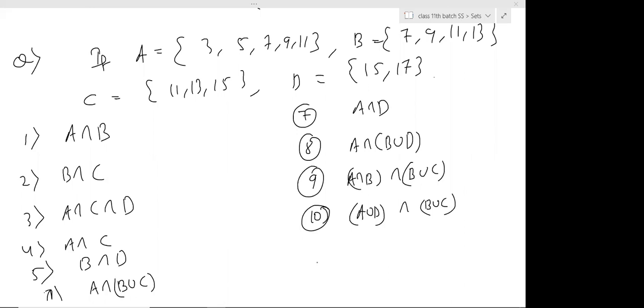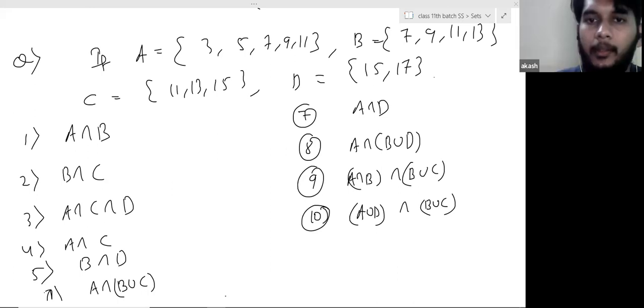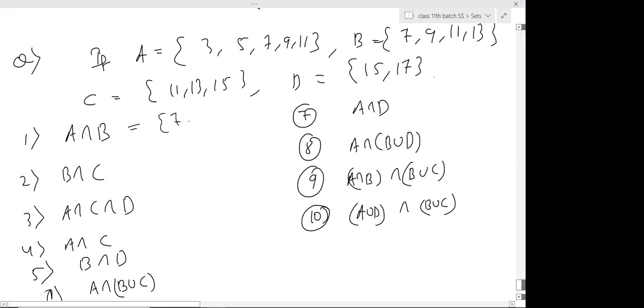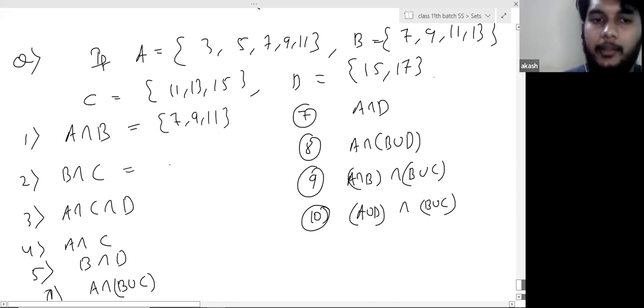So the first one is 7 and 11. All right. A intersection B is 7, 9, 11. Absolutely right. Then the second one is 11 and 13. Yes, right.